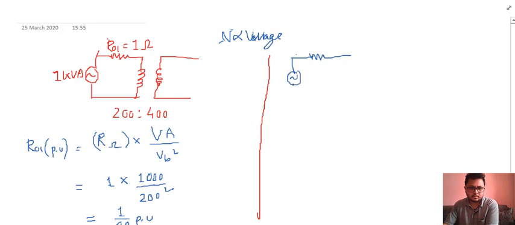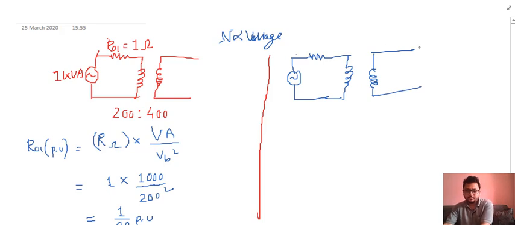And in the secondary side, suppose I want to shift this resistance from primary to secondary. So what is the formula?